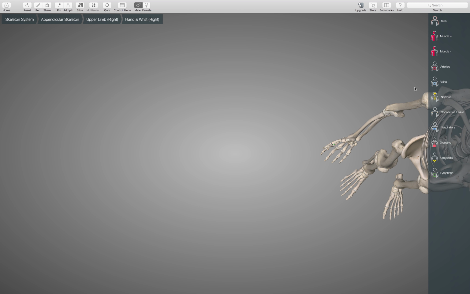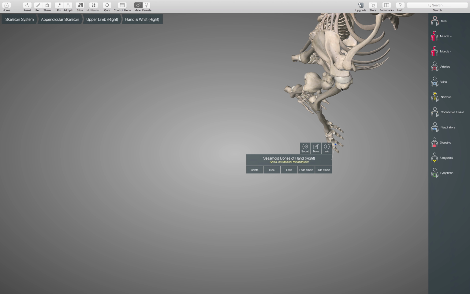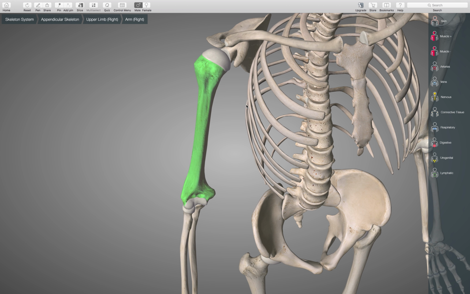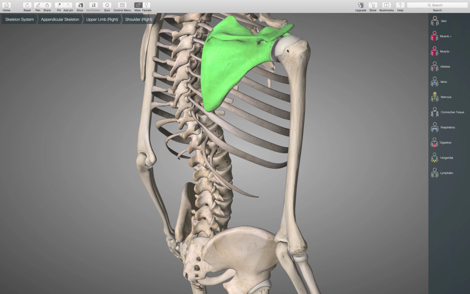Then we move to the upper arm. In the upper arm, the largest one is called the humerus. Then the triangular, irregular shaped bone is called the scapula.